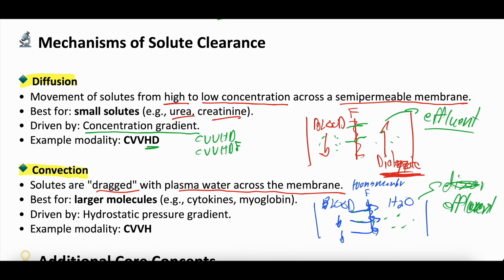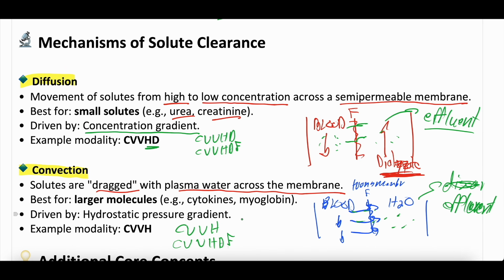So as we said, convection is hemofiltration, not hemodialysis. So CVVH, which is hemofiltration, and CVVHDF, which is that combination, hemodiafiltration, right? These two modalities use convection, which is, again, different than diffusion.